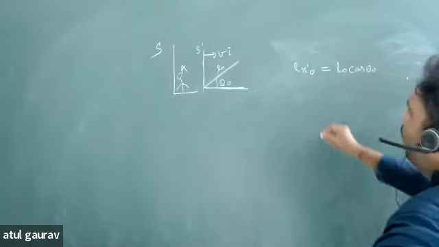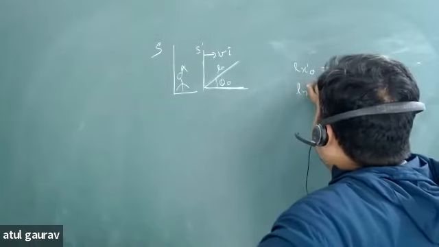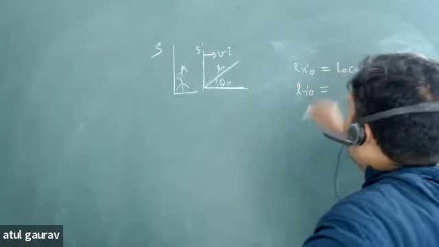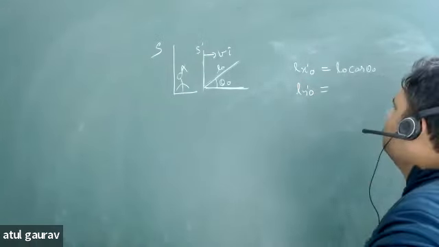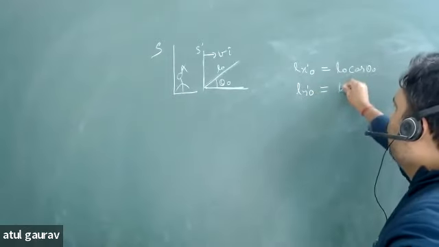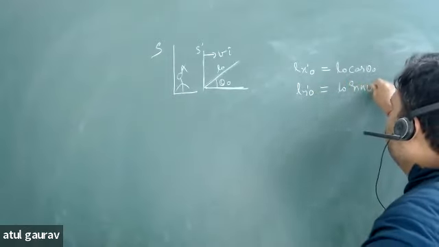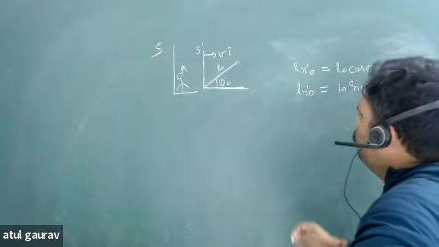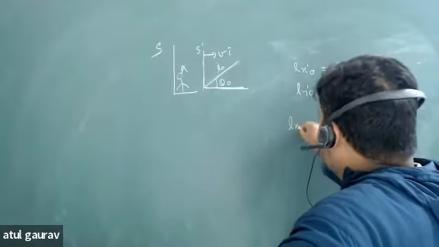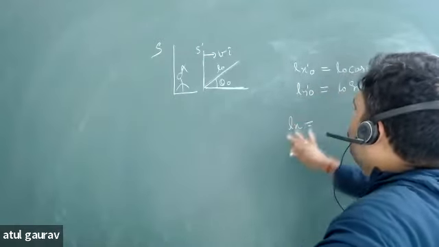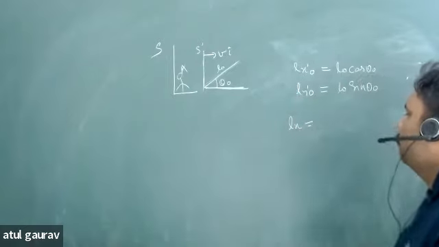And what will be Ly dash naught, the proper one? L naught sin theta naught. Very good. Now, what will be Lx? Now I am not saying any proper or anything. What will be Lx now?